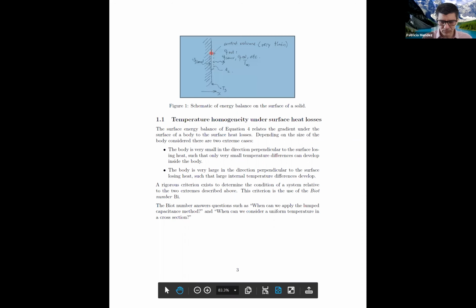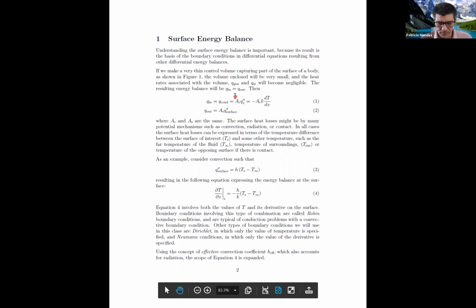So we can do Q in minus Q out plus Q generated equals Q stored. Because this is so small, it has a finite area, but it has such a small volume, the Q generated in the volume is 0 because we have no volume.